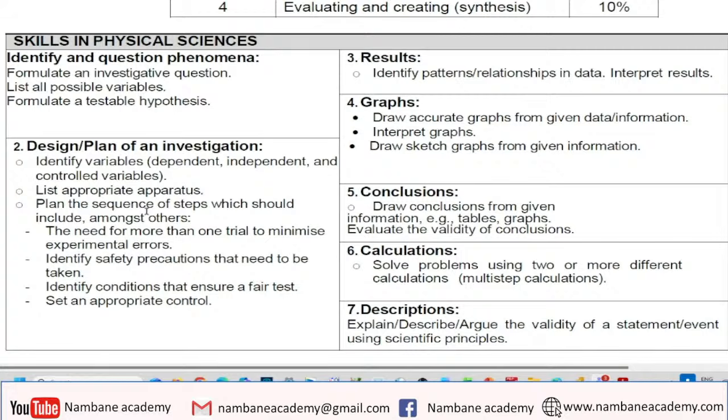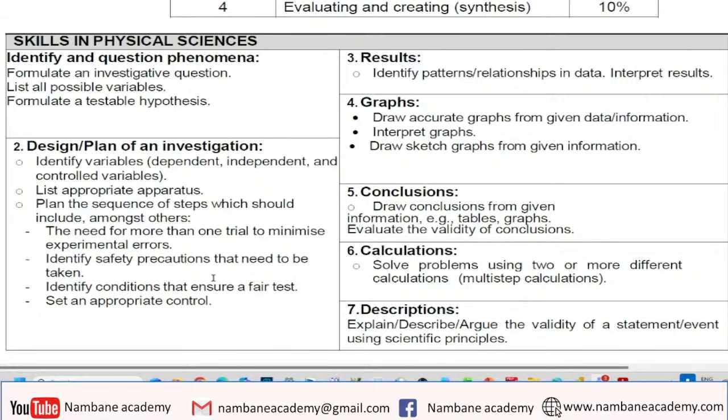And then after that, you must also be able to tell us if an investigation is a fair investigation or not. We know for a fair test, there should always be one independent variable. All other variables that can influence the dependent variable must be kept constant.